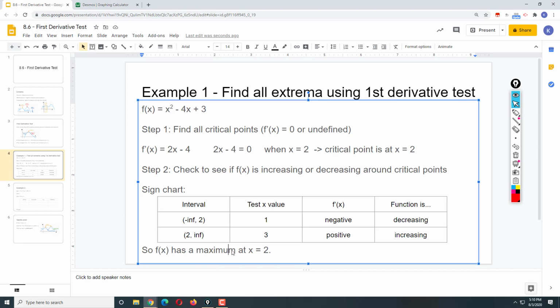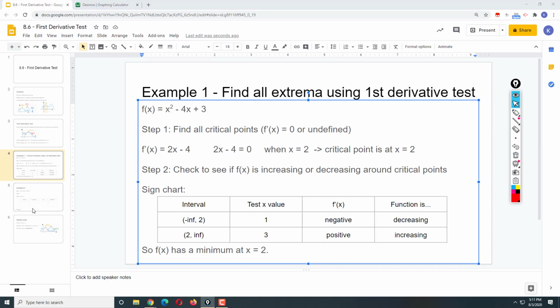I made a mistake here. What mistake did I make? Well, we know that the function is decreasing to the left and increasing to the right. If that's the case, our point must be a minimum, not a maximum. So f of x has a minimum at x equals 2 by the first derivative test.